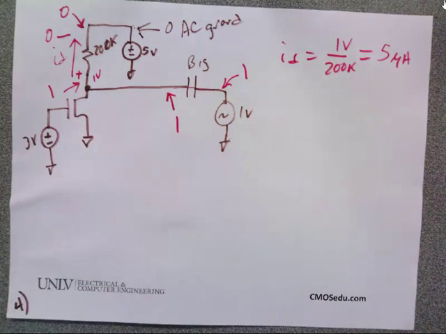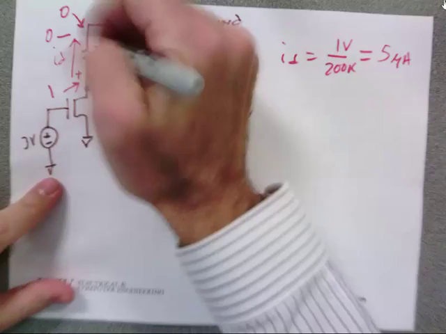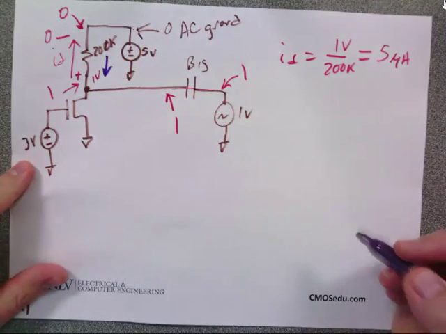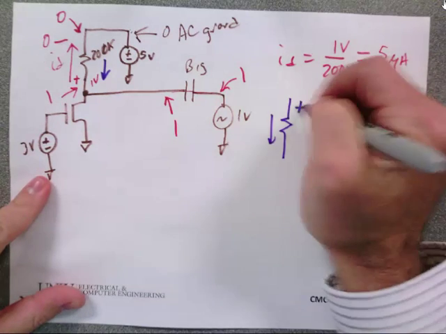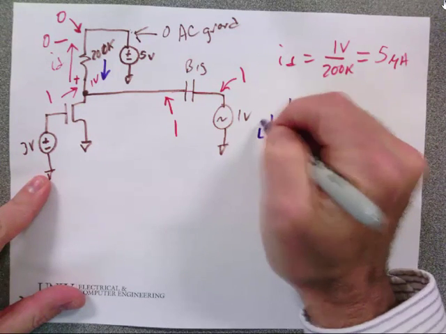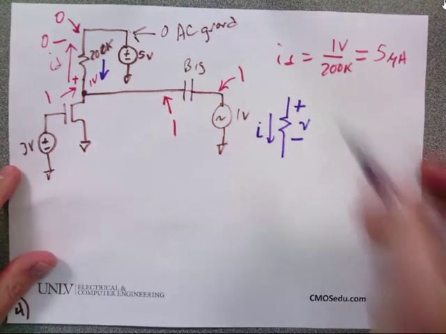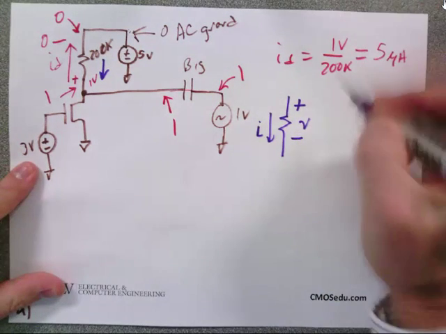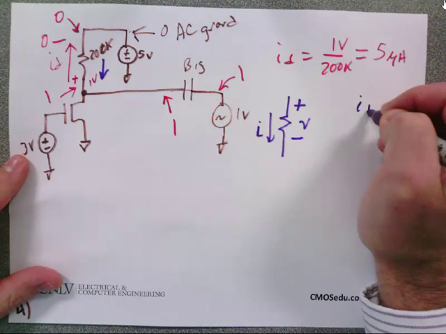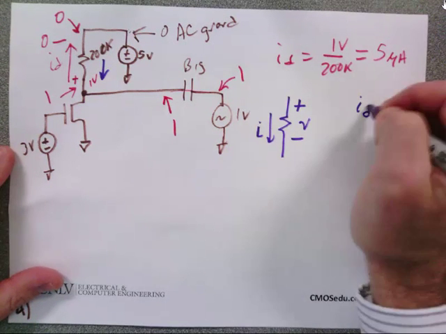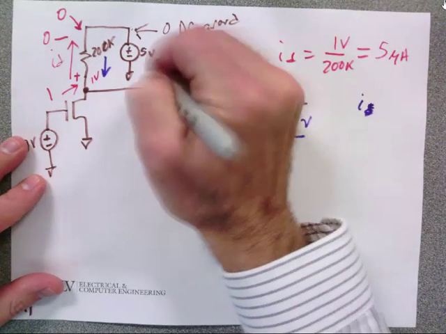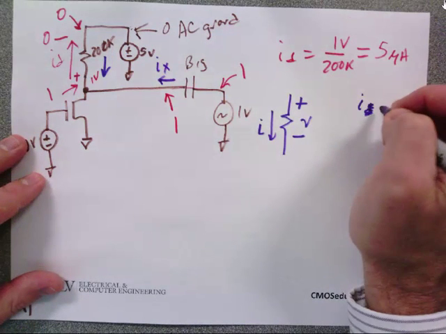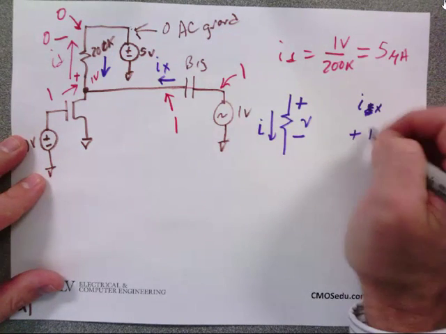I want to flip it around. I'm going to stop here before we go to the MOSFET part and do the sim on this. If I define the current going this way, or I ask you what the current going this way is, so I have the following. Notice when I go to AC, I use lowercase i, uppercase D. Or we'll just say i right now. We'll call this current flowing here IX, and the DC current that flows is IX.